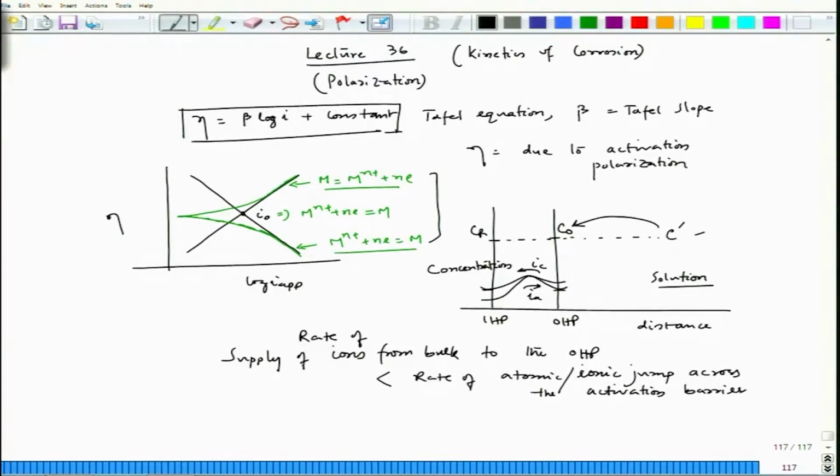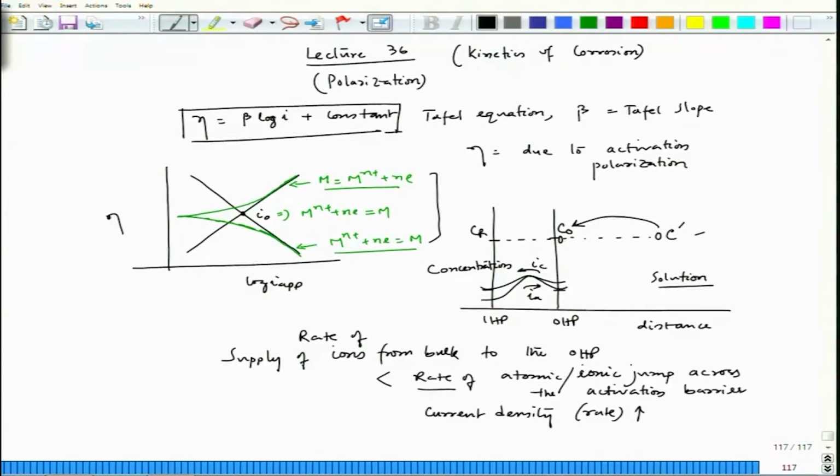So, there would be a lag from this section to this section, and that lag could be generated because this rate is increasing. That suggests that the current density, which is nothing but a rate, is very high.